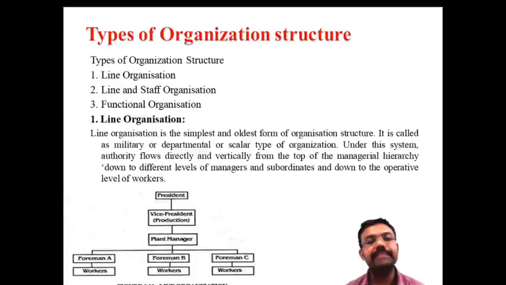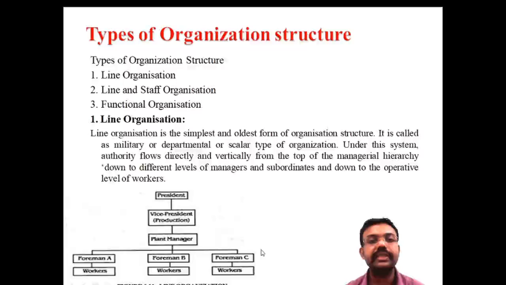This is the simplest and oldest form of organization structure, and here the authority flows from top to bottom. There is a vertical line of order and authority-responsibility relationship. The manager gives orders down to the lower-level workers. That means he is the boss, and he gives the necessary orders to different persons, and finally it ends with the workers.